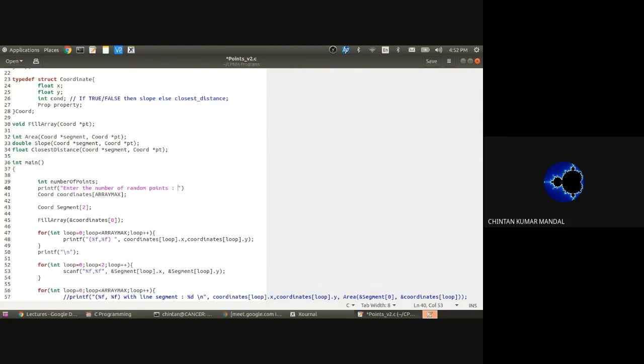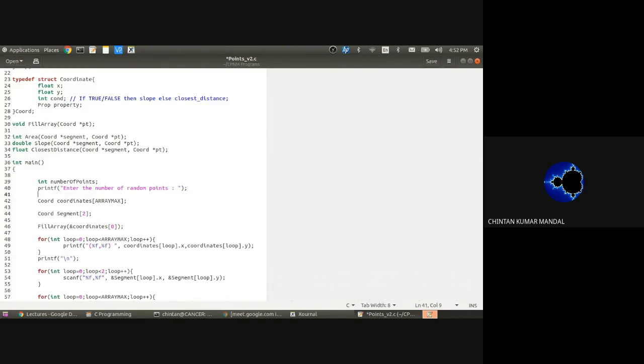And I can give a scanf with %d, comma, ampersand of number of points, and I can do this thing also.